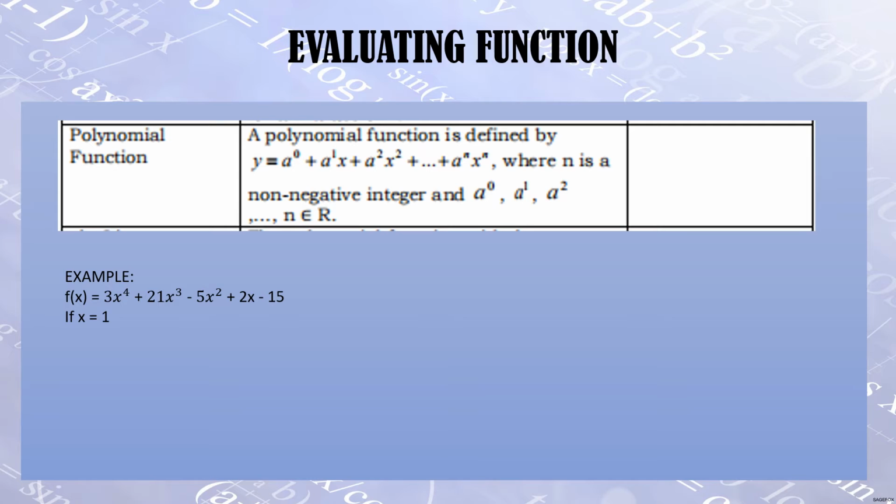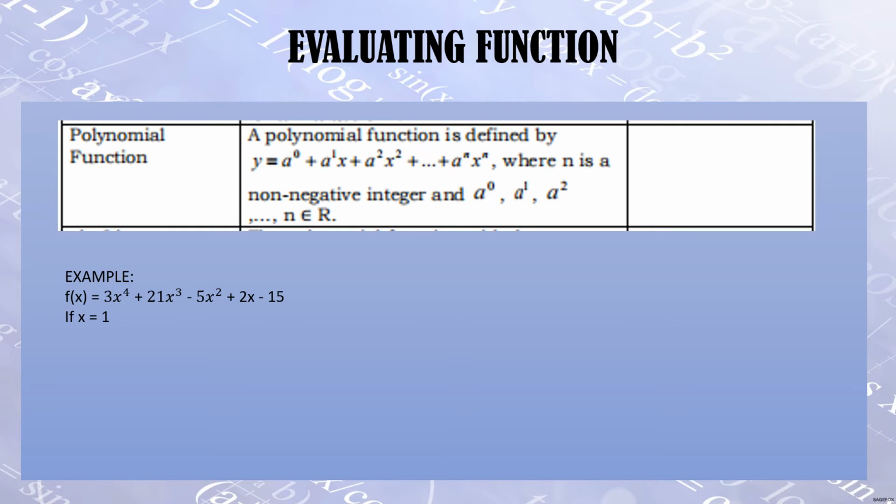Now, let us have this example. f of x is equal to 3x raised to 4 plus 21x cubed minus 5x squared plus 2x minus 15. This one is a polynomial, because your variable x has a degree of exponent 4, meaning the highest exponent of x is 4, as you can see on your screen.